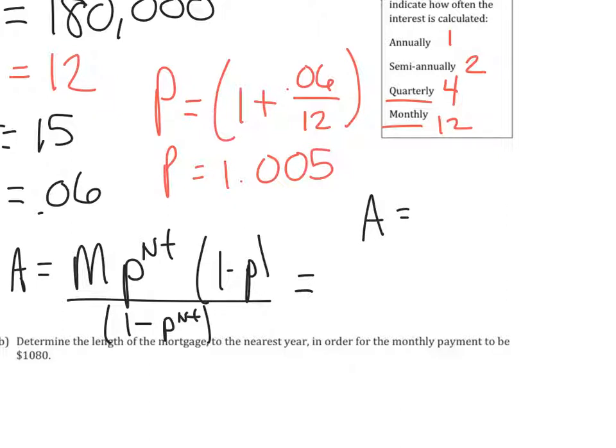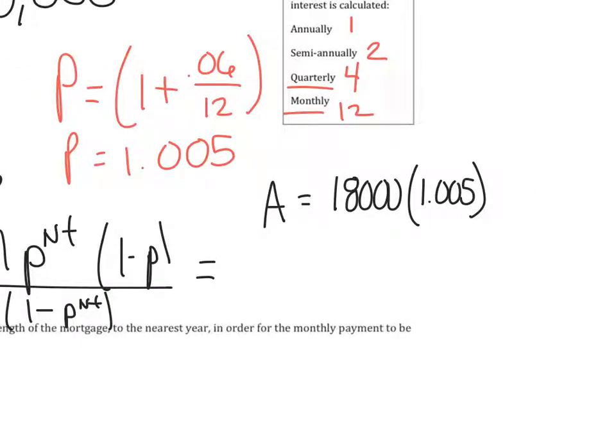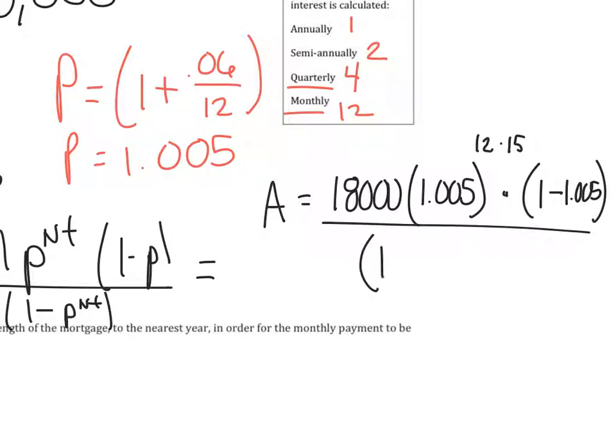So my amount equals my M value, which was 180,000, times my P value, which is 1.005, raised to the NT, so that's going to be, what's my N? 12 times 15 times 1 minus P in parentheses, so 1 minus 1.005, all over 1 minus 1.005, and that NT is on the P, so raised to the 12 times 15.